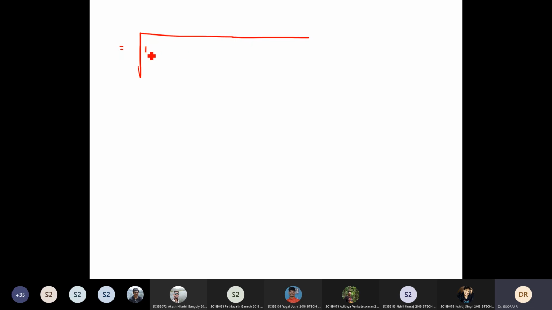I'm going to write it as k naught square d square ng square by 4 minus k naught square d square n square by 4, minus k naught square d square ng square by 4 minus beta square d square by 4.